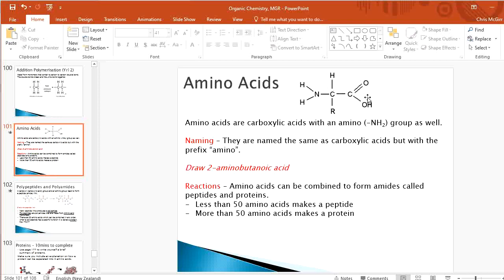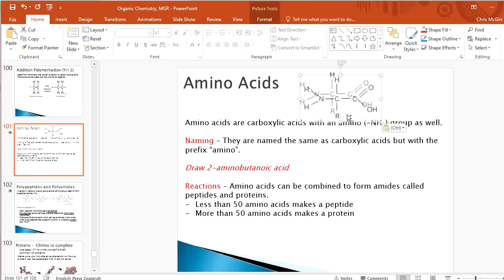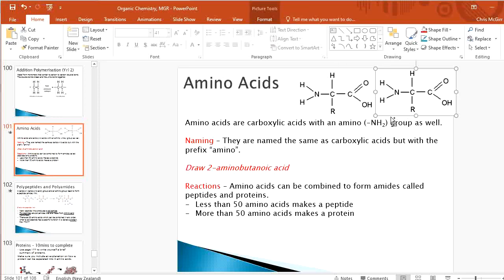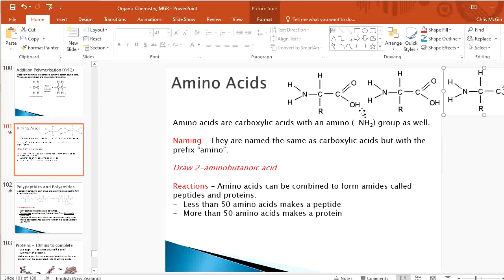So these are molecules that have both an amine group and a carboxylic acid group, but on different parts of the molecule. That's really significant, because you can put another one next to it, and this amine group reacts with the carboxylic acid group and forms an amide. The amine and the carboxylic acid combine, the OH comes off, the N goes in there, and you form an amide.